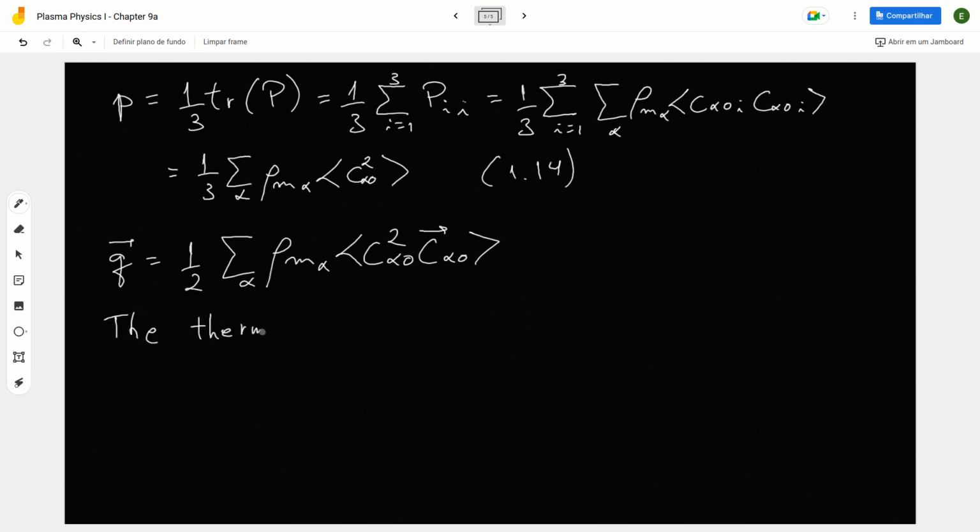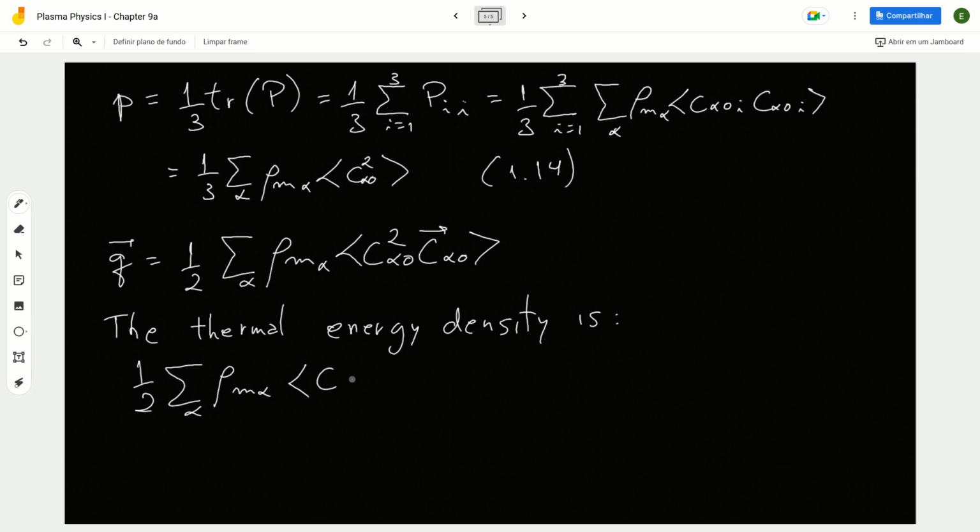Thermal energy density is 1/2 times the sum of mass density times fluctuation velocity square. Thermal energy is like kinetic energy, where you have 1/2 mass times velocity square. But for the thermal energy, in place of V, we're using fluctuation velocity or random velocity. That's how we define it.